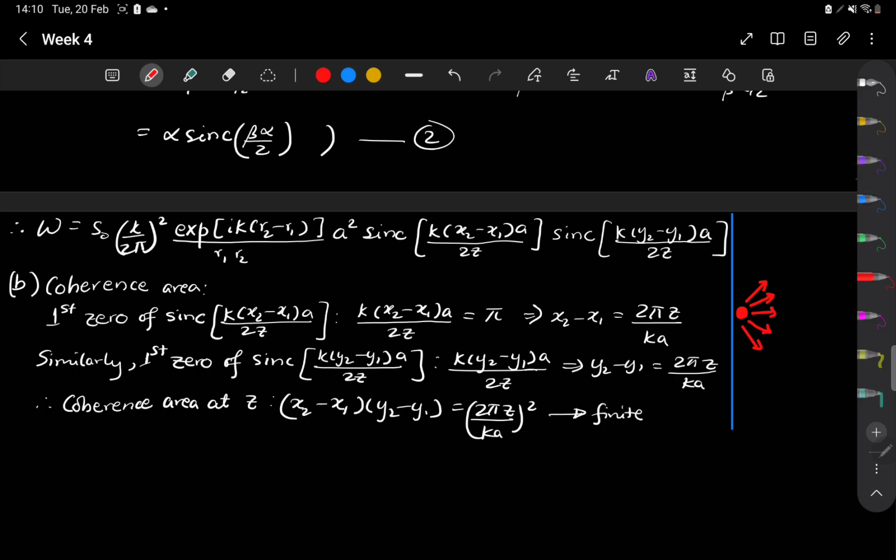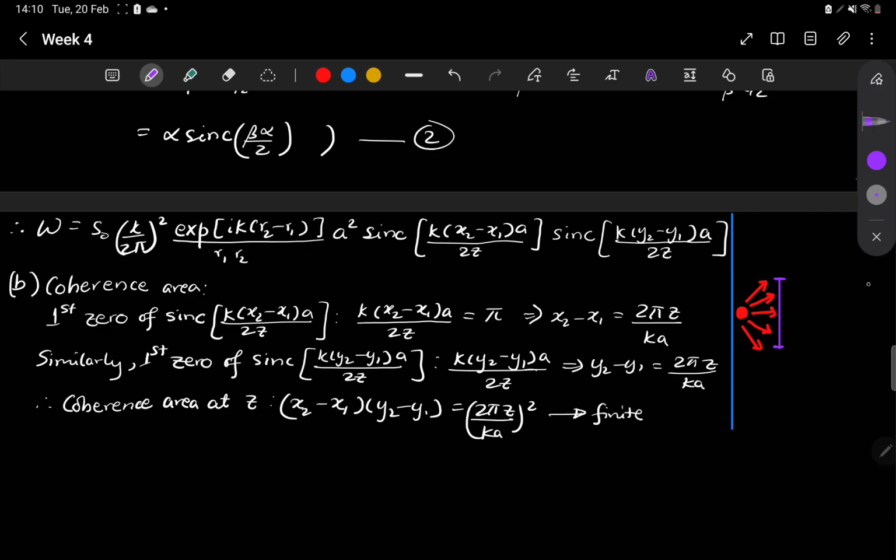If I am looking at a plane over here, then within this area I have all these k vectors which are contributing.